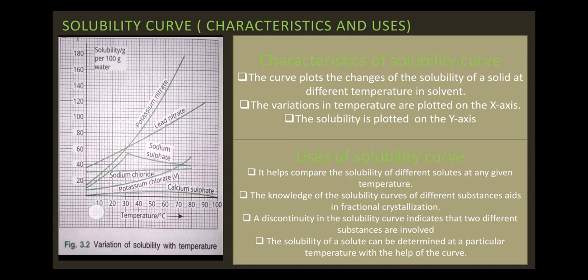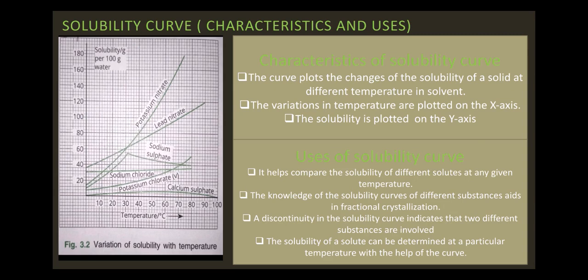When the temperature is 10, it is 40, then it gradually increases and the slope is increasing. When the temperature is 0, the solubility is 20, then as it is increased, the curve also goes up. So this is potassium nitrate and this is lead nitrate.